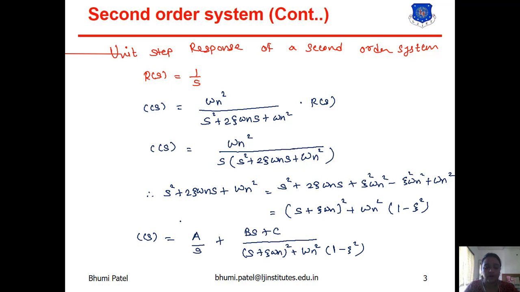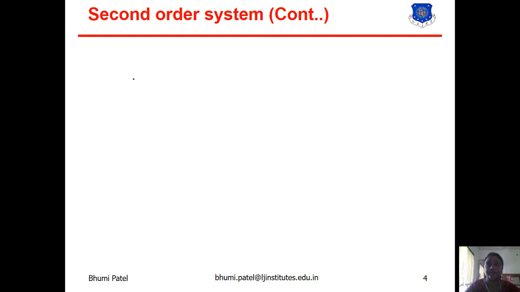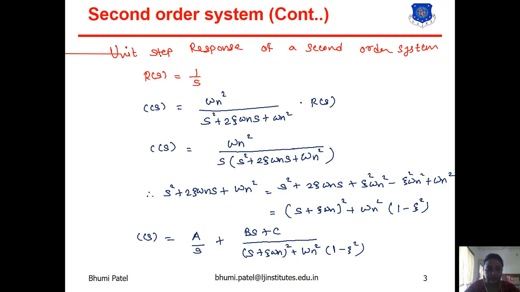Now first of all we have to find the values of A, B and C, so using partial fractions we have to find the values of A, B and C.